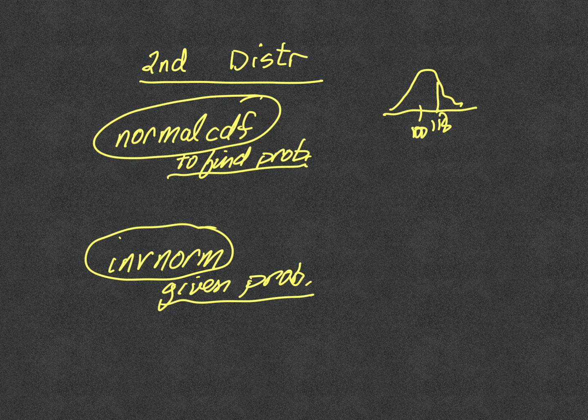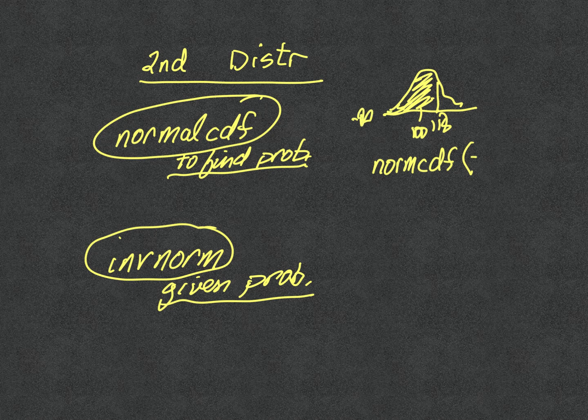So how would I do that with a normal CDF? Well, I would get the calculator statement, norm CDF, and then I would enter the data. Now, if you look at this, this is all the way to the left, so this is that negative infinity thing.